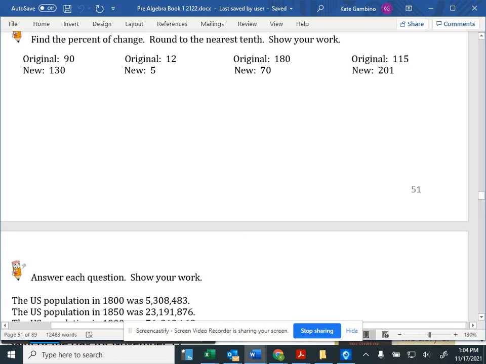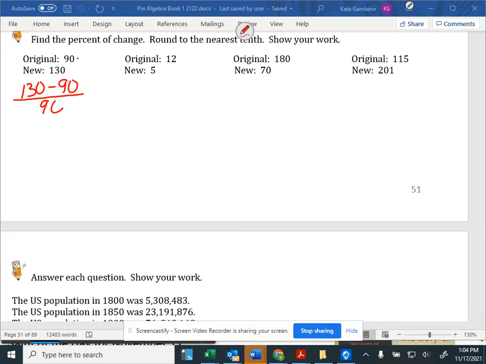But again, if we're finding a percent, you can round to the 100th. So if we're finding a percent, round to that 100th. Our original is 90, and our new is 130. So remember the formula: you need to subtract them, find the difference, and divide it by the original.